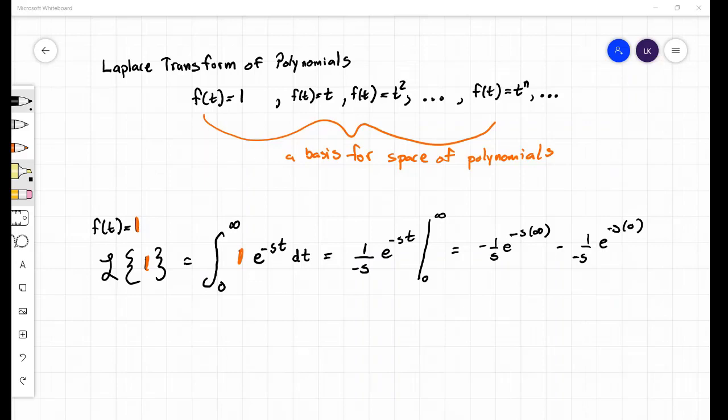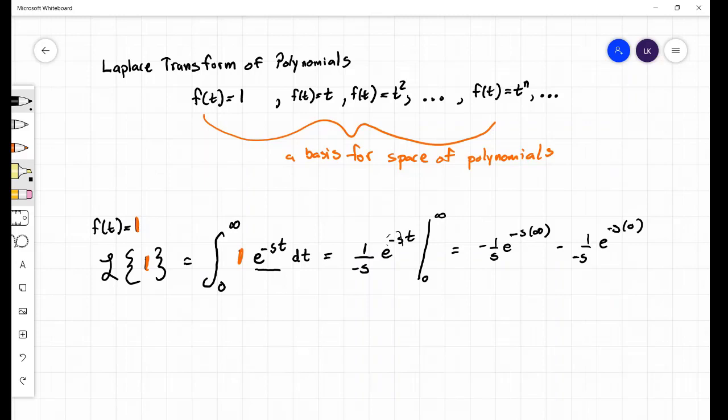By definition, we're integrating from 0 to infinity 1 times this exponential, where s is a parameter, and we're integrating with respect to t. It's an improper integral, so I know this is a limiting process, but informally, we find the antiderivative with respect to t, so minus s is like the constant multiplying a variable t.